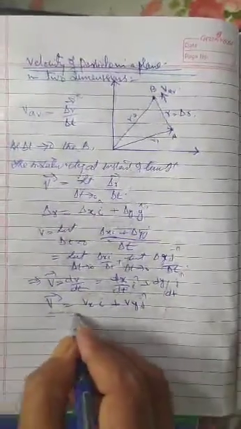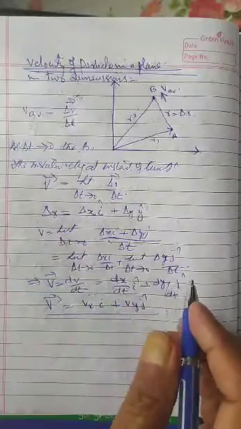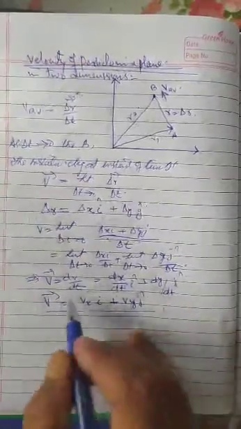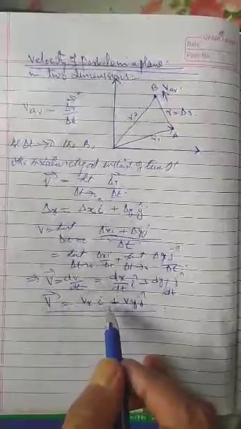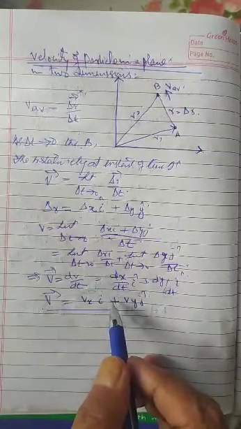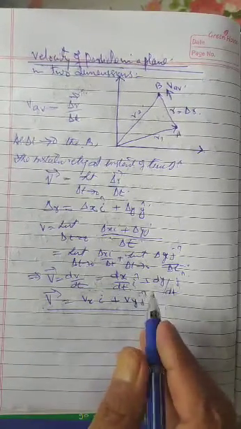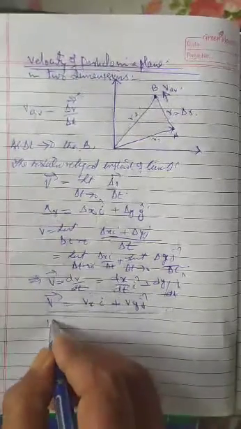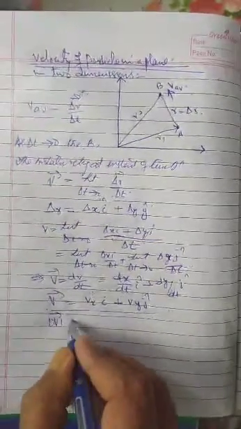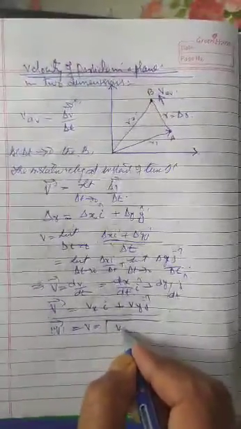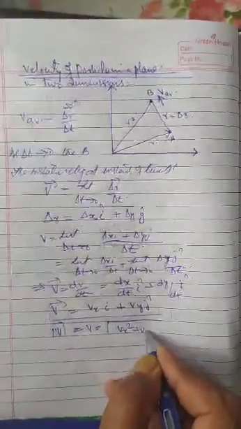So the velocity of the particle in 2 dimensions is V equal to Vx i along the x-axis and Vy j along the y-axis, or mod of V is equal to the square root of Vx square plus Vy square.